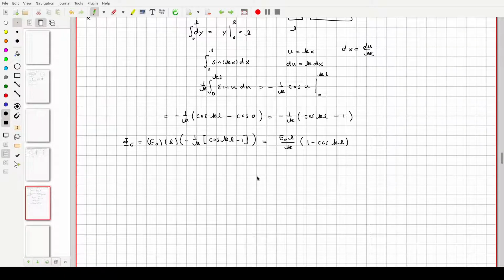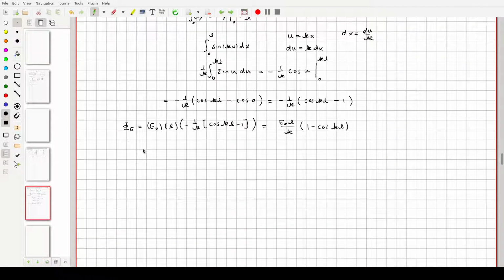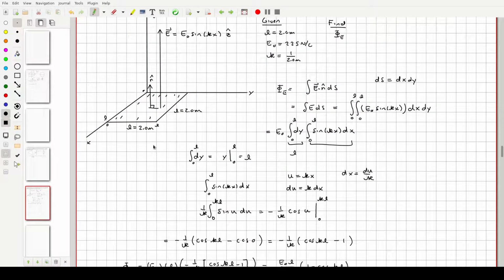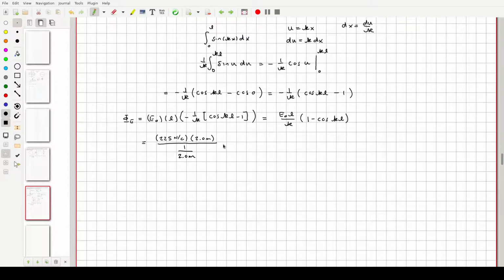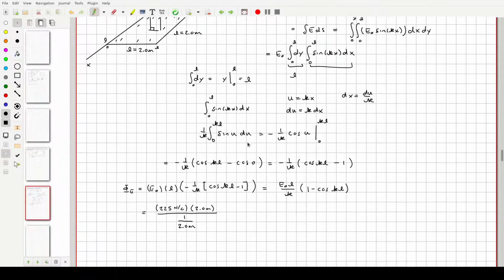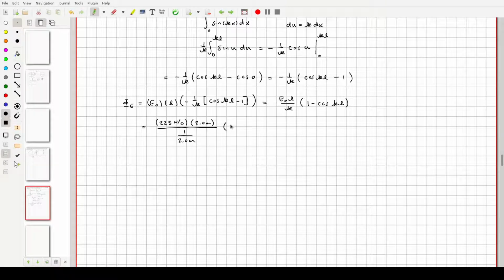Now, let's plug stuff in. E naught is 225 newtons per coulomb. The length is 2.0 meters. k is 1 over 2.0 meters, if you remember, comes from there. 1 minus cosine of 1 over 2.0 meters times 2.0 meters.